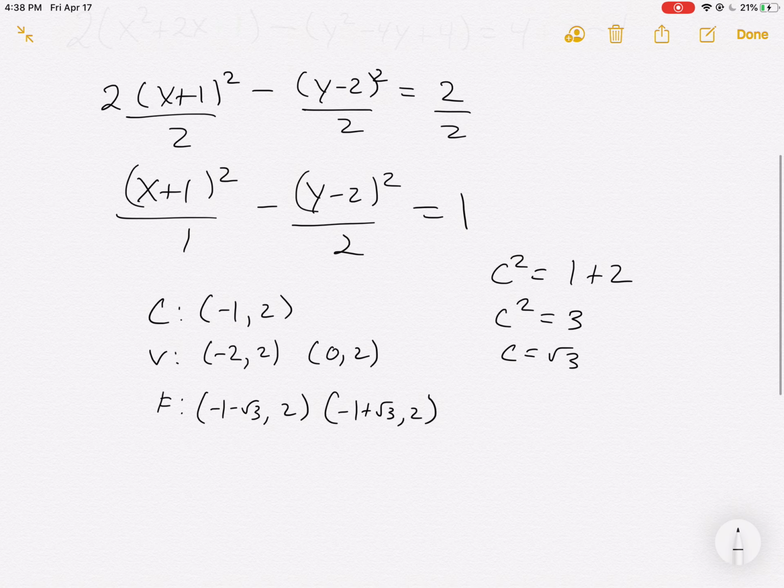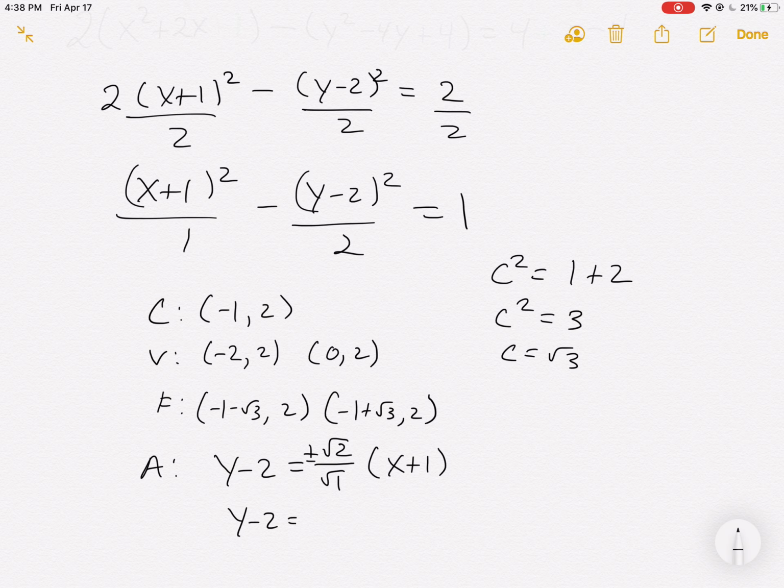And then what are our asymptotes? I'll put A there for asymptotes. Well, we know that y minus k is equal to the square root of what's underneath the y over the square root of what's underneath the x, not forgetting that there are two of them, so plus or minus, times x plus 1. And we get y minus 2 is equal to plus or minus root 2 times x plus 1 as our two asymptotes.